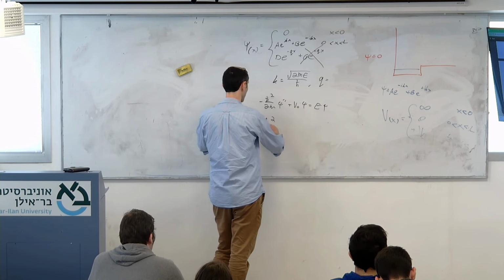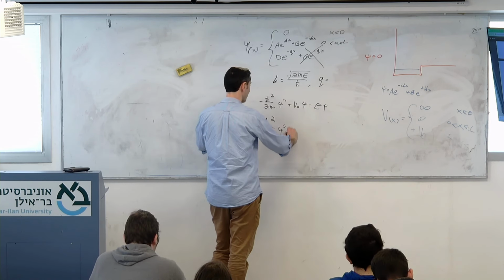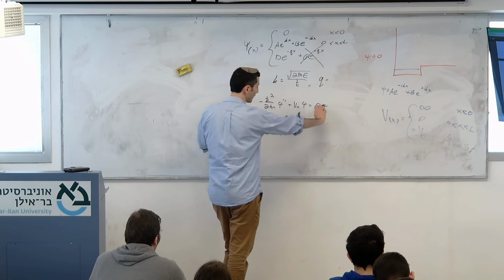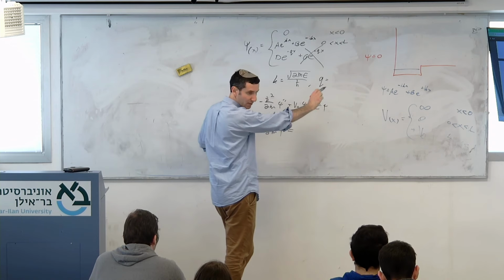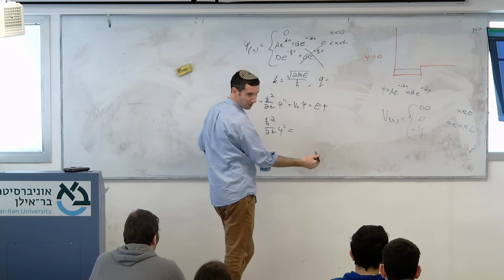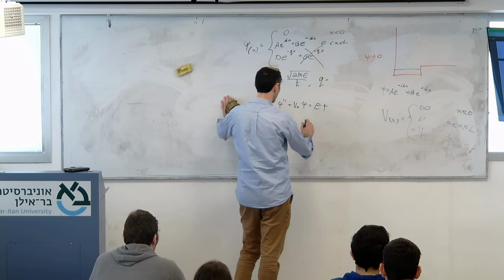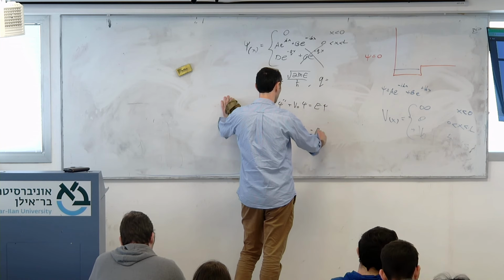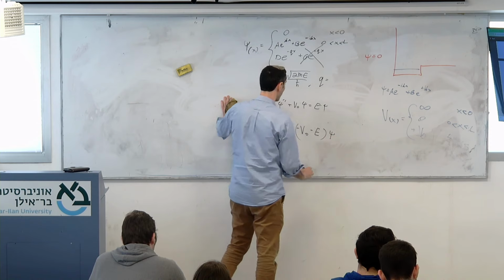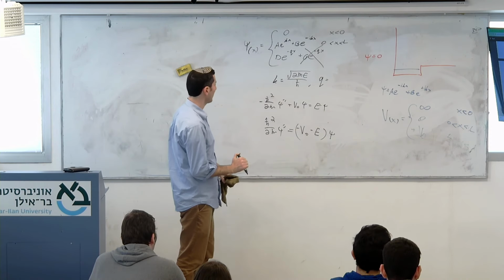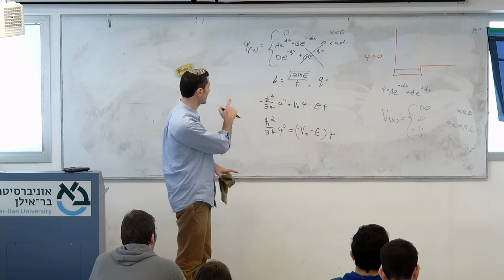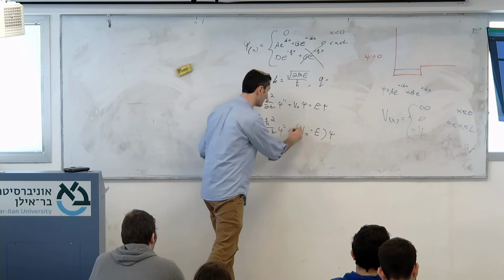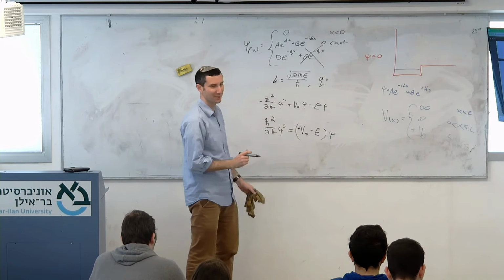So h bar squared over 2m psi double prime is equal to, moving the V naught to the other side and putting a minus on both, so here I have minus V naught minus E times psi. Wait a second. No, yeah, this is a plus. Very good. Thank you.